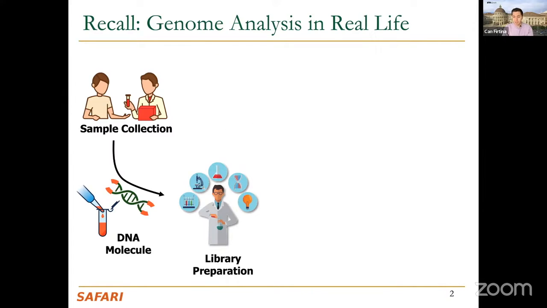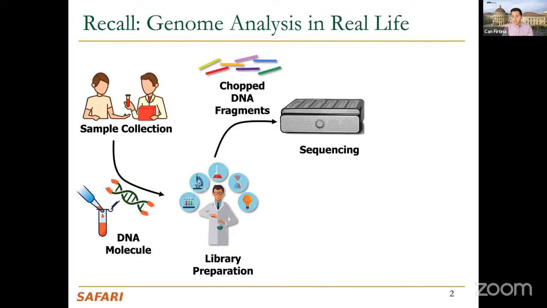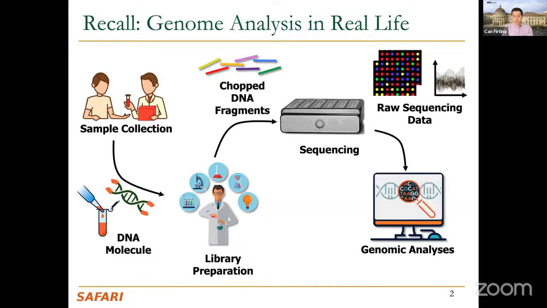This is mainly a solution that is inserted into the sequencing technologies, and this library is essentially an input to the sequencing technologies, where the library includes the chopped fragments of DNA to sequence. The sequencing technology takes this library as an input, and as an output it generates some data.